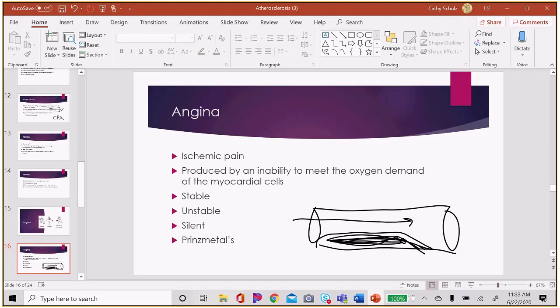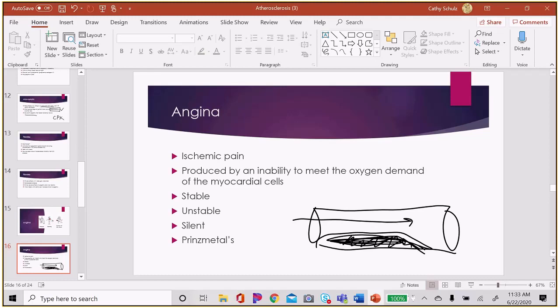So at rest, I might be able to get enough oxygenated blood to my muscle tissue, and so I don't feel the pain of not having enough oxygen. If I increase activity, this area where there's narrowing may not deliver enough oxygen to the cells because they need more oxygen if I'm being active. But then if I stop and rest again, I'll go back to being able to meet my oxygen needs.